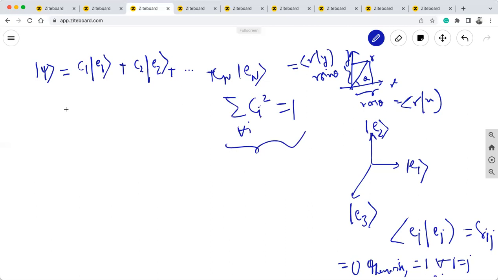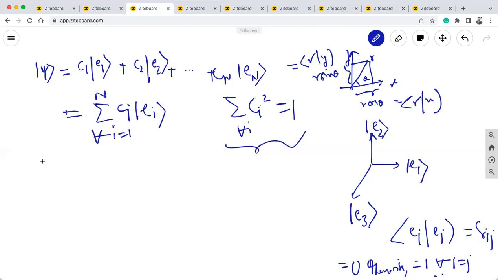So you can represent this as the sum of Ci Ei for all i, where i goes from 1 to n. So C1 E1, then C2 E2, this is the summation, and it goes on, right?